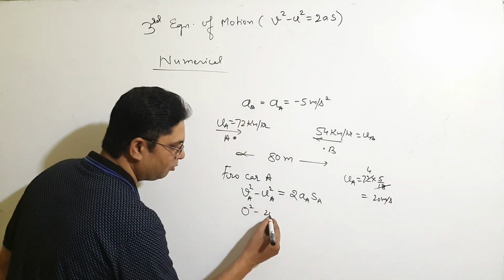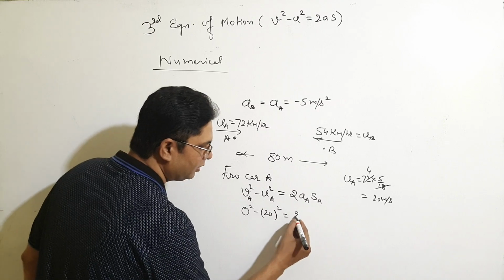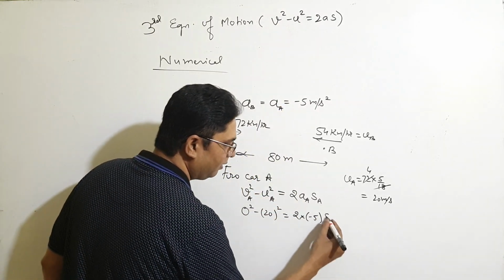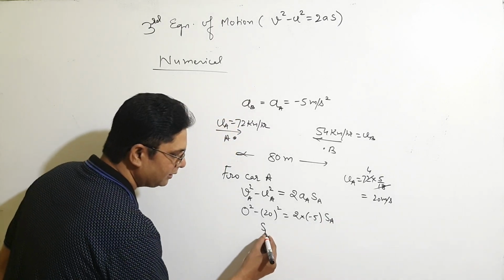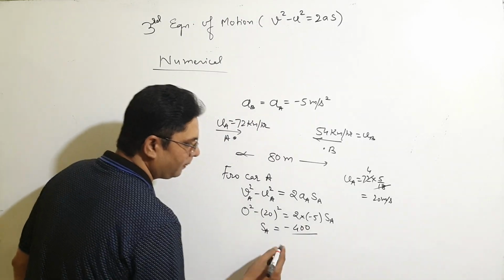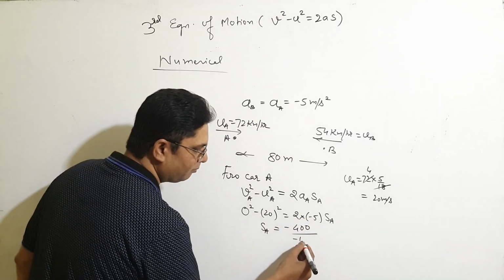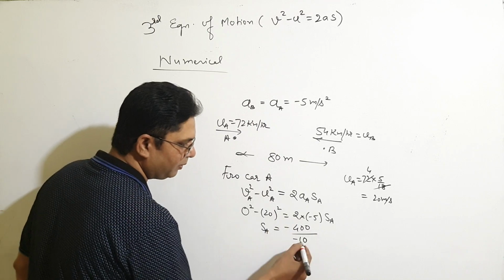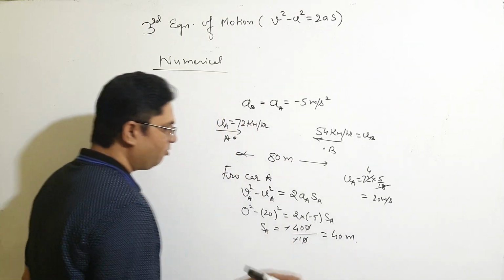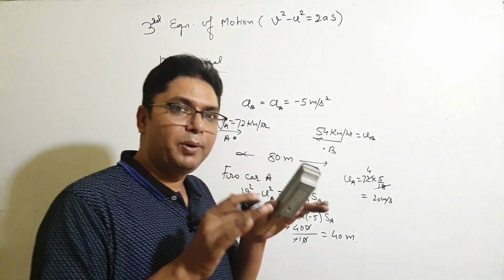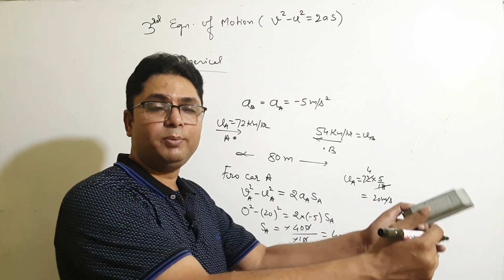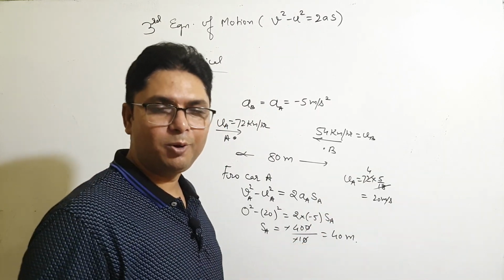So right here 20 whole square, which is 2 times a. What is a? a is minus 5. Right here minus 5 s_A. So s_A is, the square of 20 is 400, and 2 into 5 is 10 here. Minus sign will be on the same place. Cancel this. So this is 40 meter. When car A applies a brake with a constant retardation of 5 meter per second square, it will stop after 40 meter.